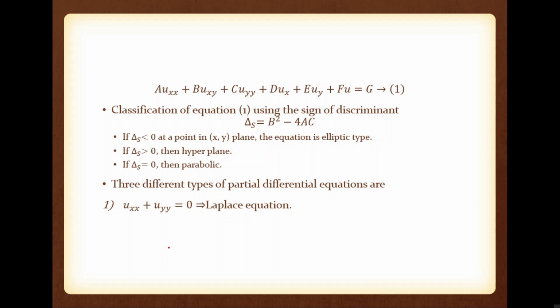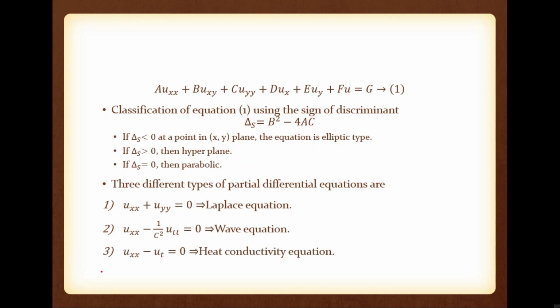The second popular equation is uxx minus 1 by c square into utt equal to 0. This is known as the wave equation. Then the third one is uxx minus ut equal to 0. It is known as the heat conductivity equation. Okay.